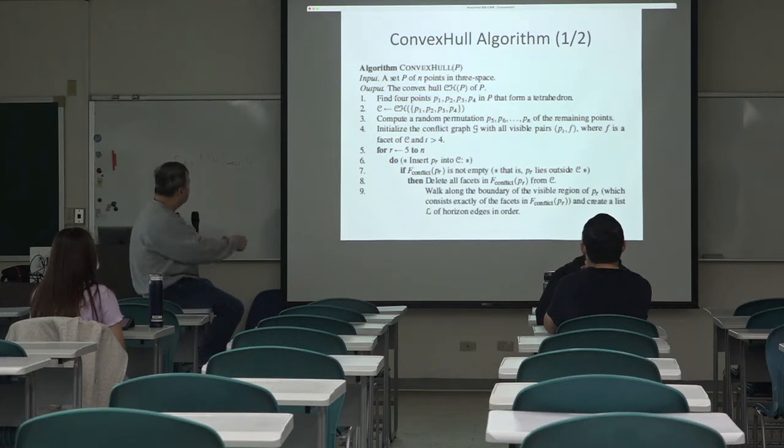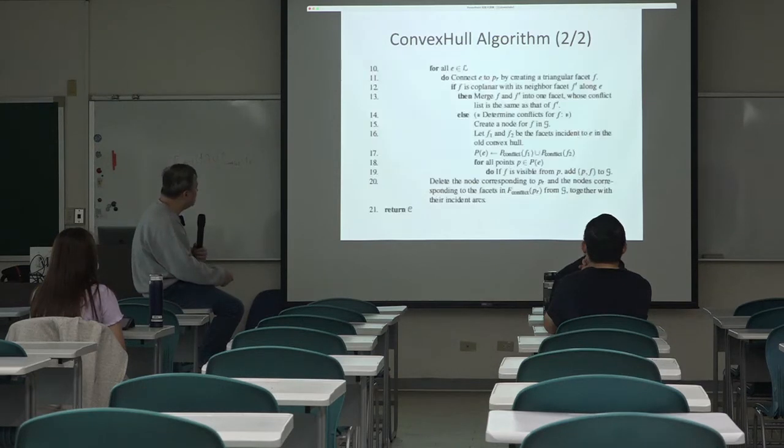So find the 4 points in P that form a tetrahedron, which is just kind of a pyramid. Then we include the first 4 points, compute a random permutation, initialize the conflict graph, and then we do the insertion of the points one by one. Shouldn't be too difficult; basically it's what we just discussed earlier.